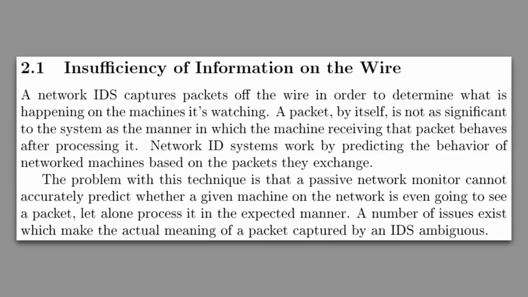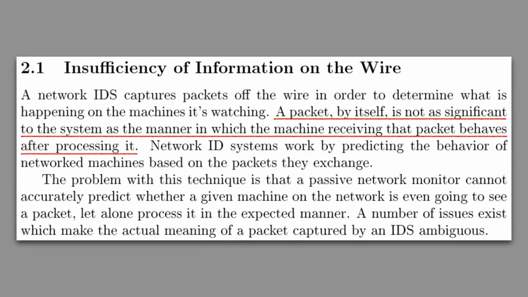The root message I got from this paper is that there's a central problem when you're trying to detect something on the network, because you're looking at packets. A packet by itself is not as important as what that packet is going to cause the system to do.